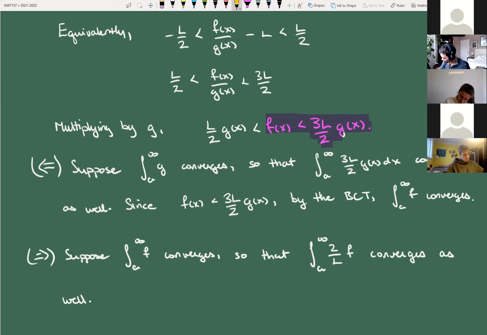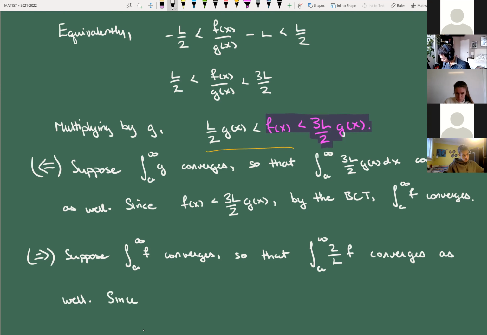Right, so now if I use this inequality, the other one, the one on the left there that I've underlined in yellow, so what do I want to say?